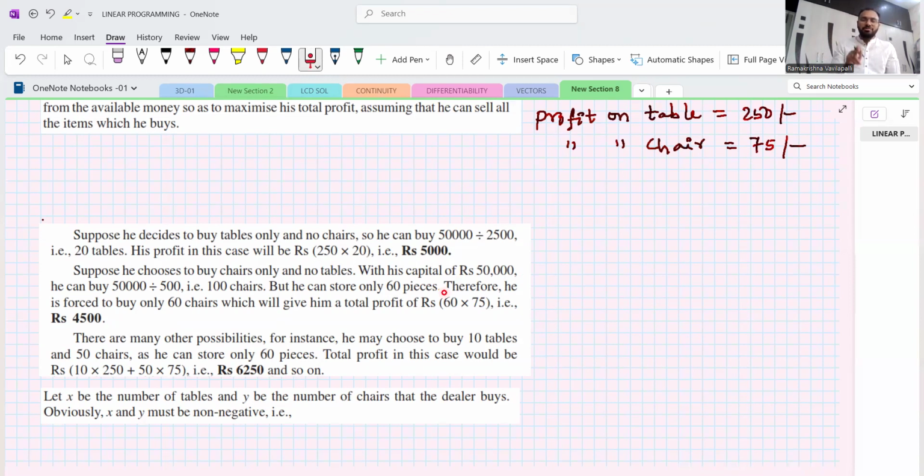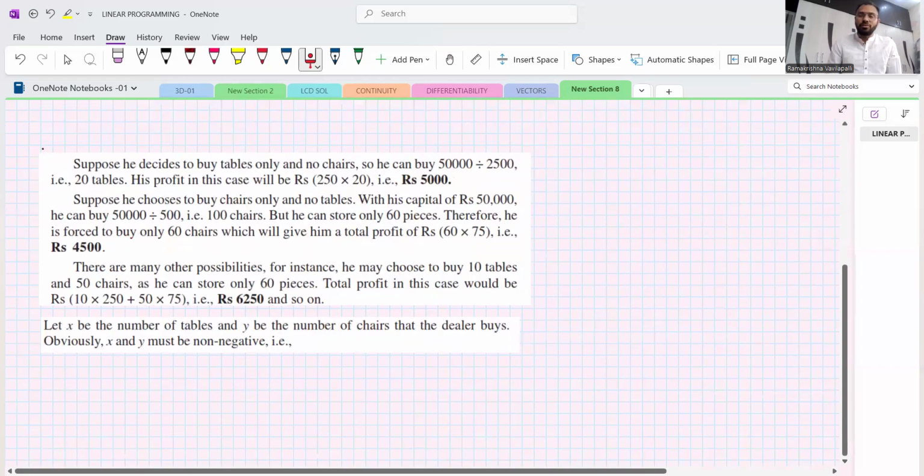On each chair he will get a profit of 75 rupees, so total profit is 4,500 rupees. If he buys all tables, he will get a profit of 5,000. If he buys only chairs, he will get 4,500 rupees.